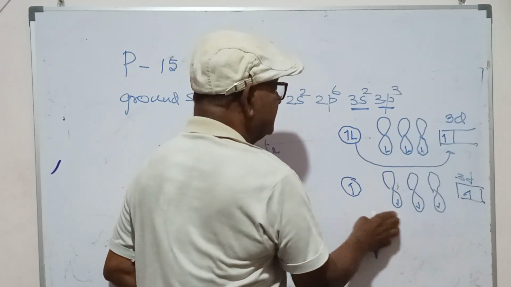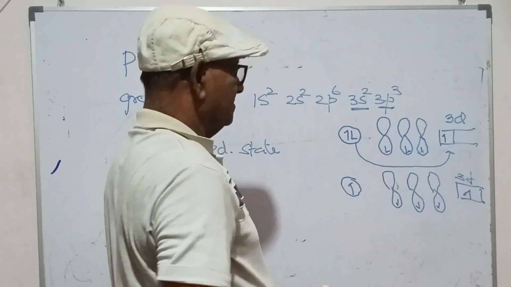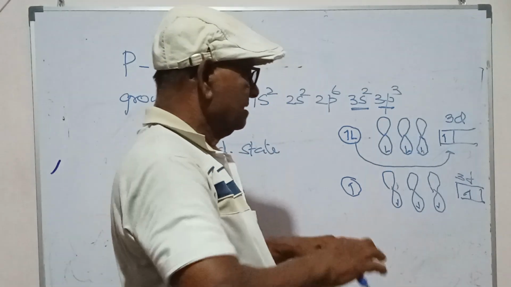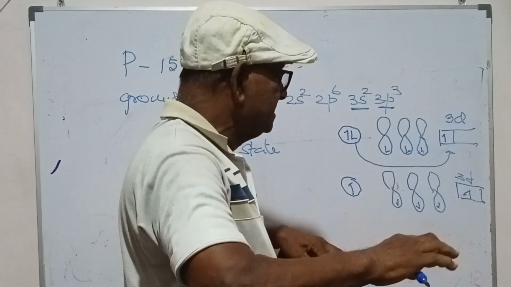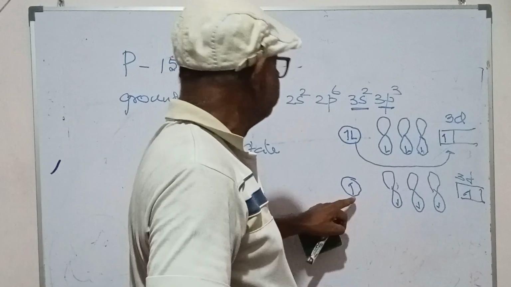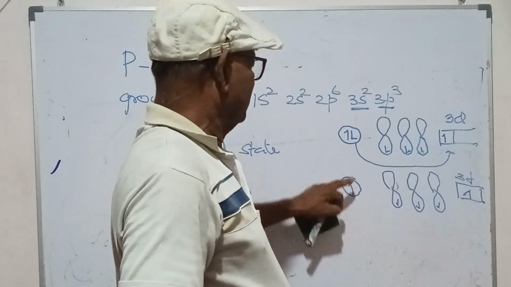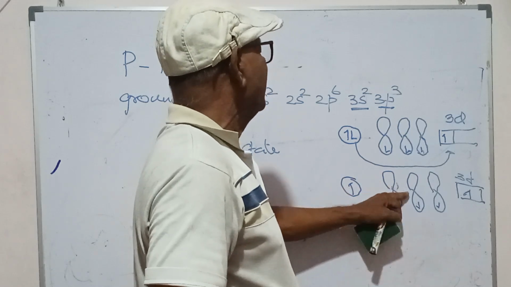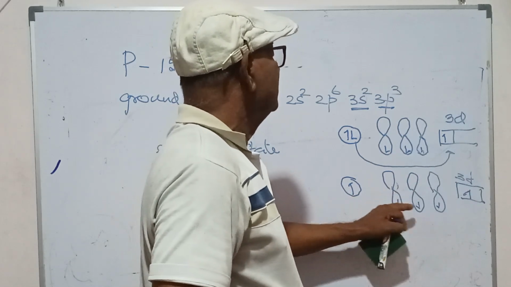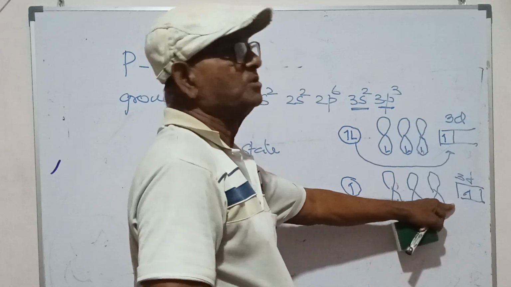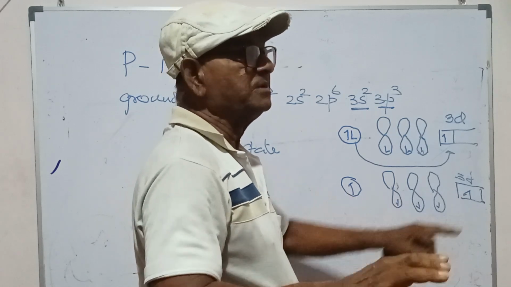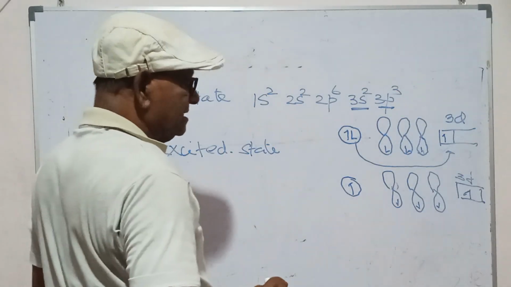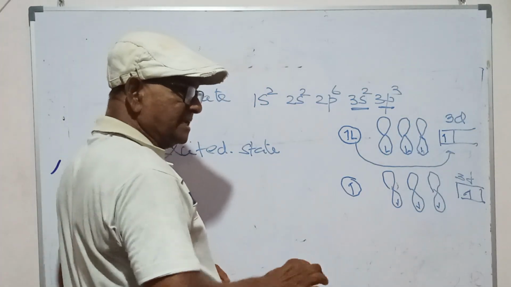All are at the third energy level. But these differ in amount of energy as well as shape. The S orbital has spherical shape, p orbitals have dumbbell shape, but 3d also has another shape, not needed to know.